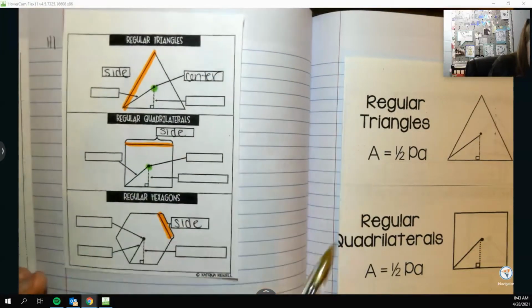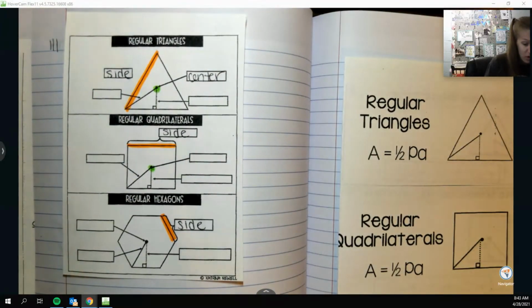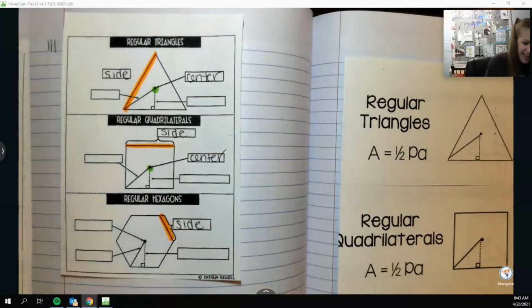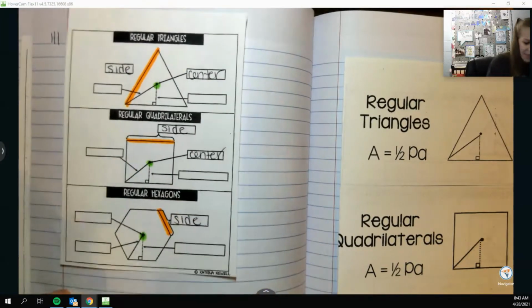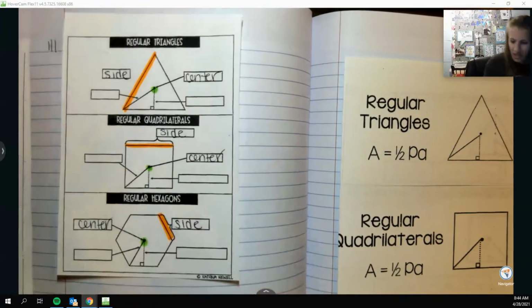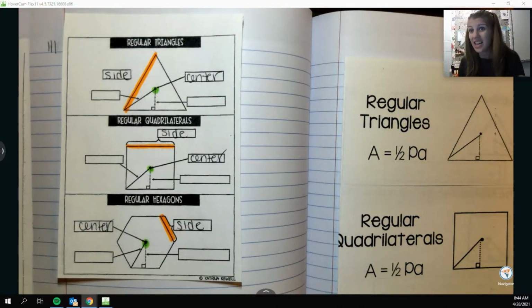So here I have, oh my goodness, I just drew all over myself. Center. And then right here, we have a center. The center is crucial. Understanding that it's the center of a polygon, but also the center of a circle is important.